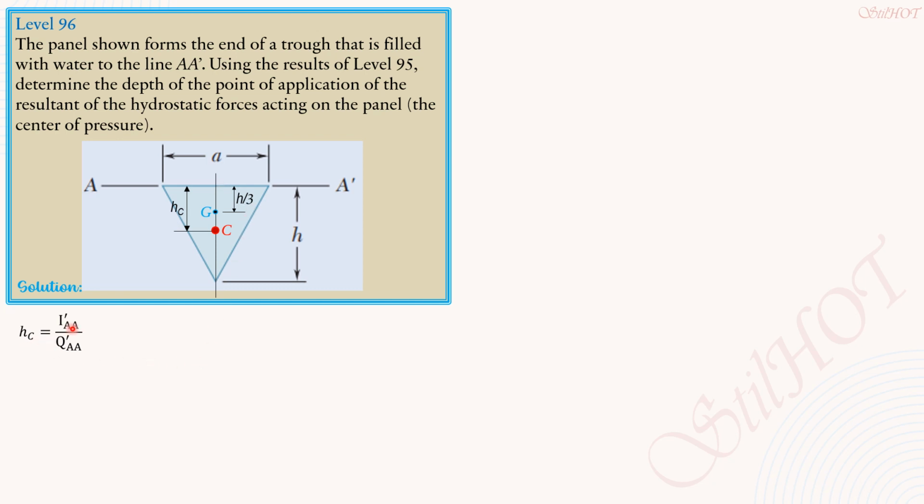So I AA prime is again a h cubed over 12, while Q AA prime is simply the area of the triangle, 1/2 ah, times the distance h over 3. So simplifying this, which is 6 over 12, cancel ah squared, so h over 2. So hC is h over 2.